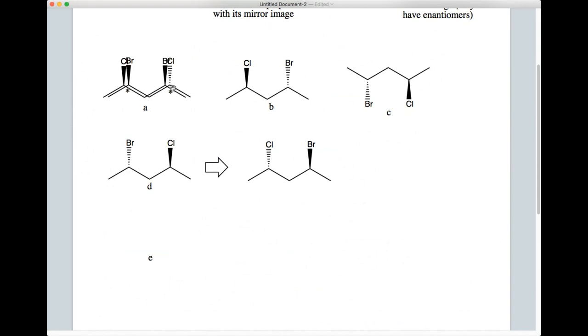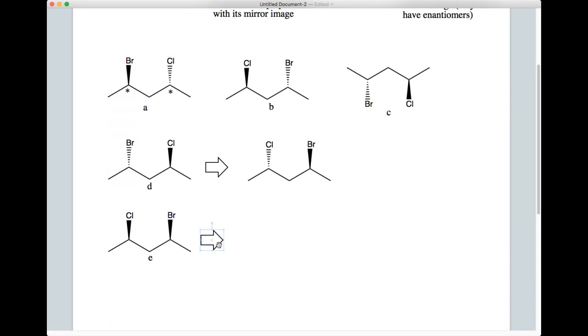Okay, I cannot superpose these two because even though the carbon chain matches, the connection does not match. So this carbon is connected to the chlorine, whereas in structure A it is connected to bromine. So to compare these two, I need to do a flipping, okay?